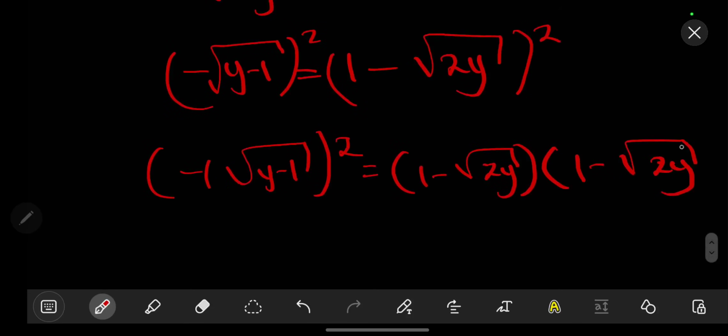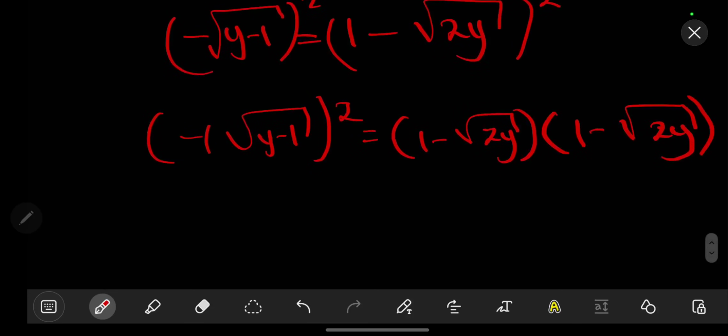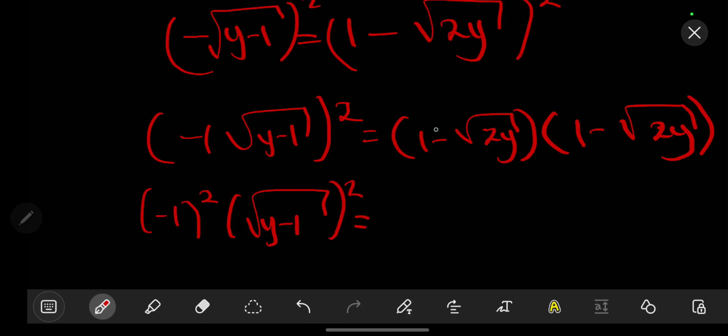So this we are going to expand. This is the same as having, we can separate, this power is distributive, meaning negative 1 to the power 2 times the square root of y minus 1 to the power of 2 should be equal to, let's multiply 1 by 1, it will give us 1.